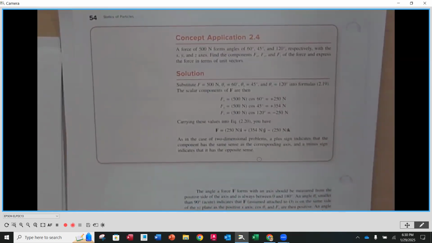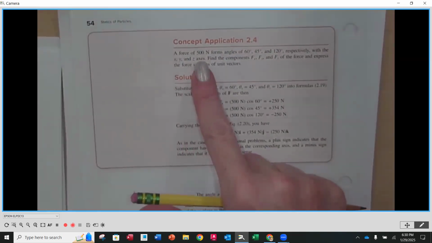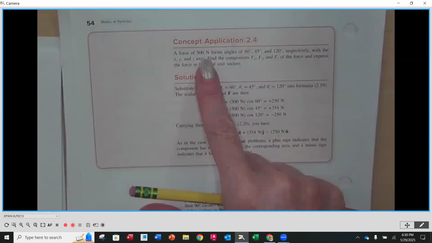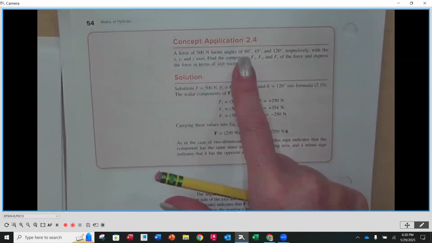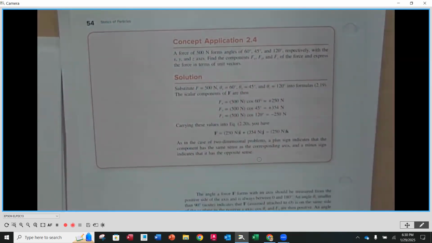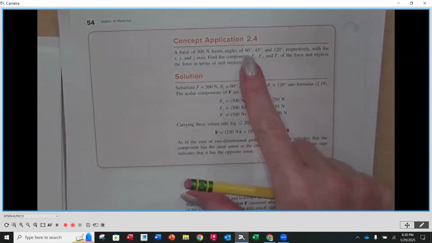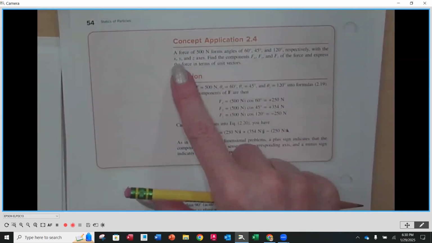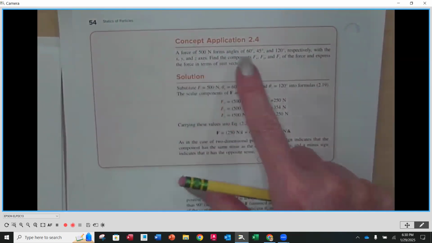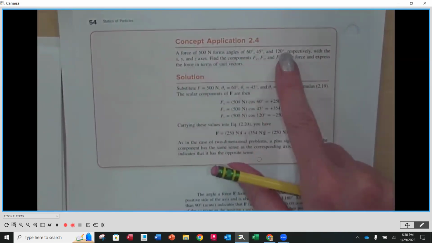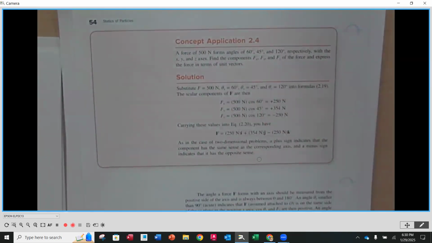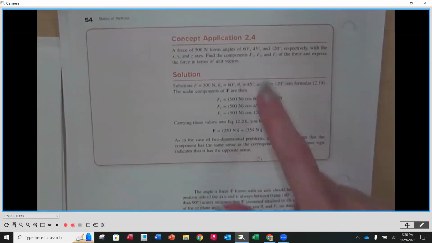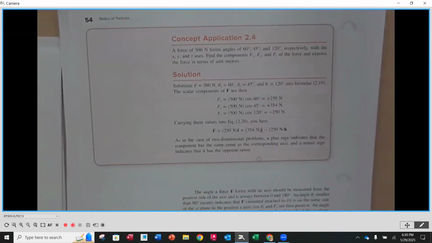It says we have a force of 500 newtons that forms angles of 60 degrees, 45 degrees, and 120 degrees respectively from the x, y, and z axes. So this is 60 from the x, 45 from the y, and 120 from the z. They want us to find the x, y, and z components.